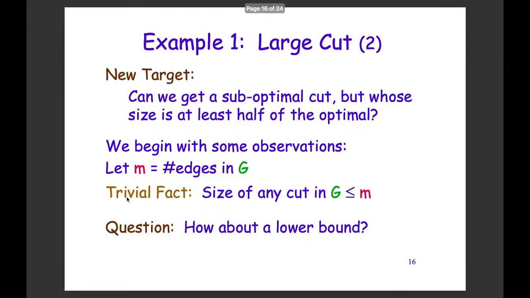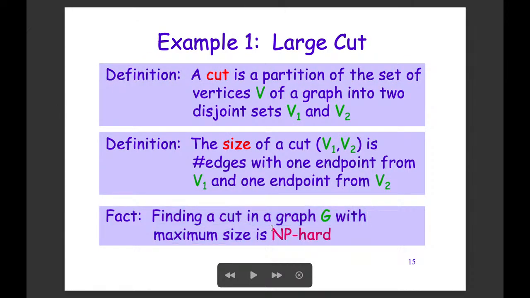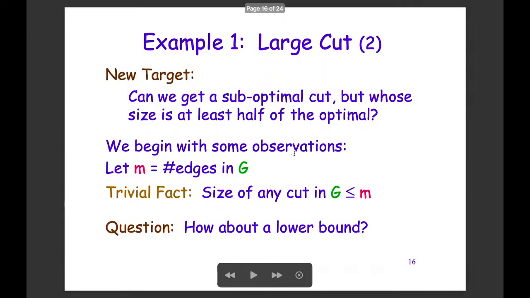Because this is already an NP hard problem, it means that so far there is no efficient polynomial time way to compute the maximum size cut. So instead, is it possible that we can get a suboptimal cut easily, and we hope that this suboptimal cut is not too far away from the optimal one?